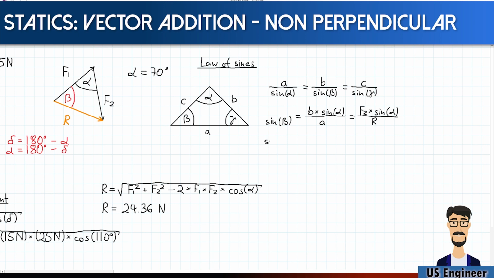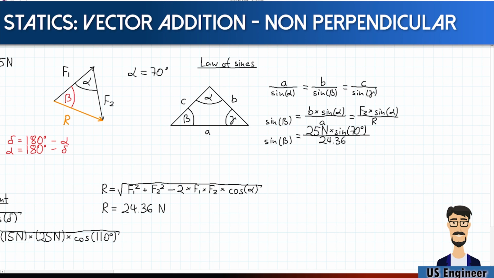Sine of beta is equal to, B had a magnitude of 25 Newton times the sine of 70 degrees divided by A, and A is simply, sorry, 24.36 Newton as calculated.